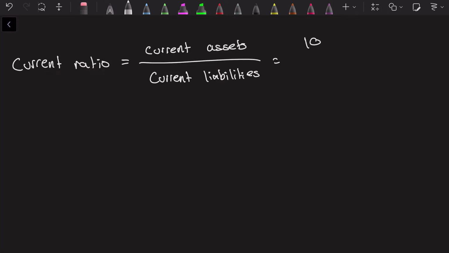Say their current assets is $10 and their current liabilities is $5, you'd get a current ratio of 2, which means for every dollar of current liabilities, they have $2 of current assets. Now that's pretty good, right? You always want it to be around 2 or 3, a bit higher than 1.5 at best, because you want to show that a business can cover its current liabilities with its current assets. So its current assets should exceed its current liabilities. Okay.